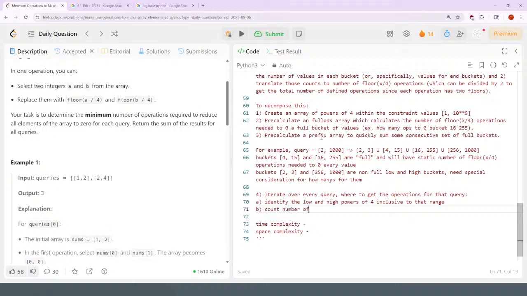Identify the count, find the count of values in the low and high buckets. Find operations: multiply those counts by the corresponding number of ops, or floor x divided by 4 ops, the operations to zero those out.